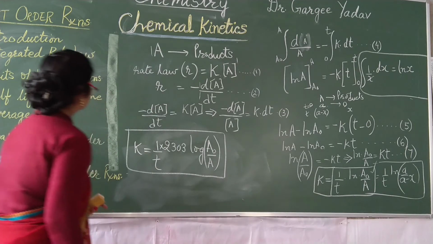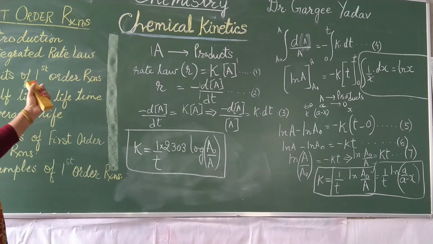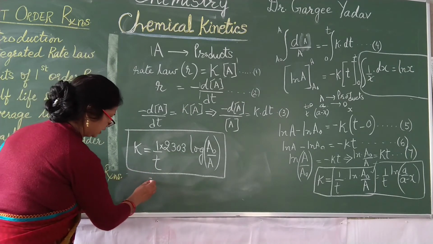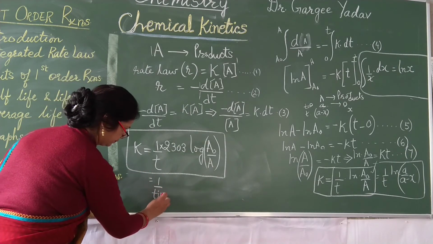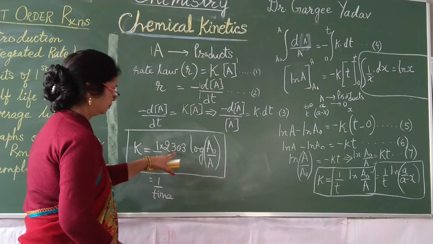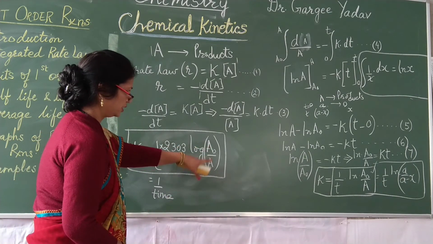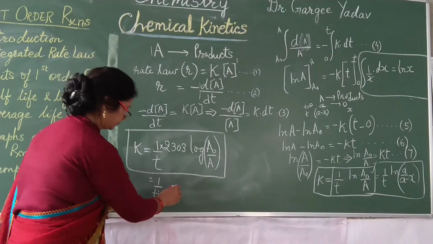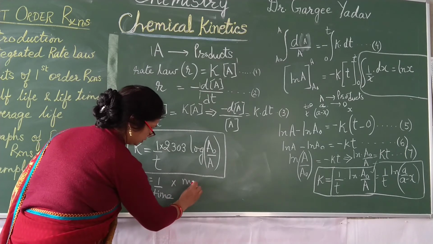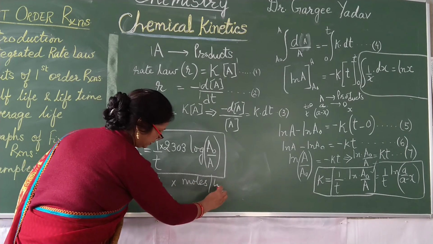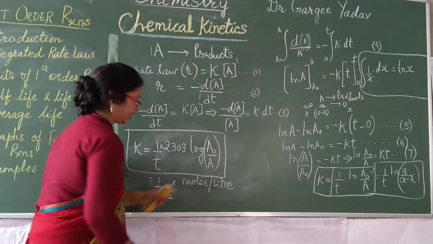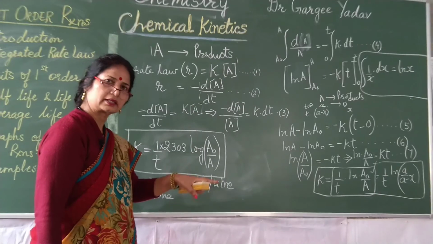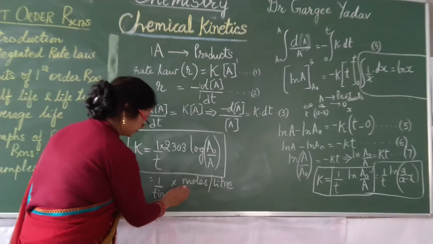And let me tell you about the units of this first order reaction. If we look over here, this is time, so it will be 1 upon time, multiplied by log of A naught upon A. A naught is concentration and it will be in moles per liter, and A in the denominator is again the concentration in moles per liter.